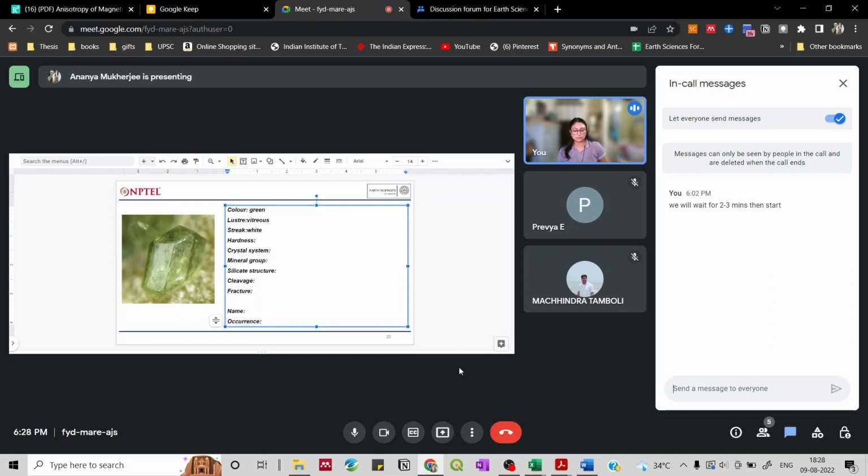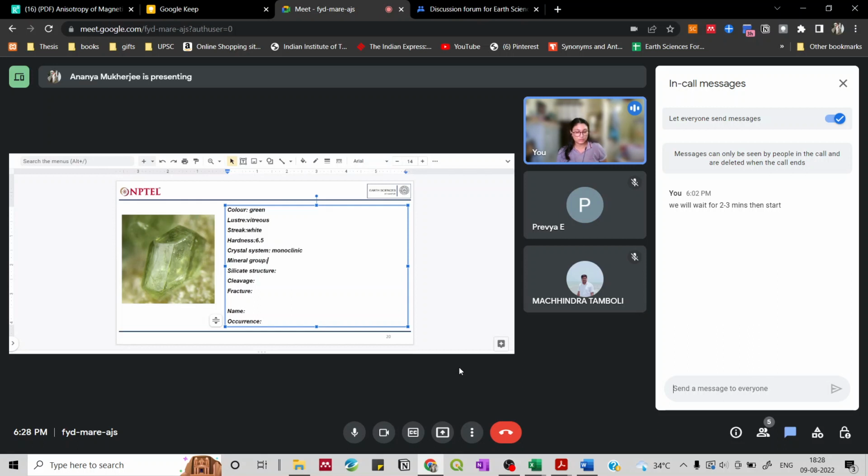Hardness is around 6.5. Then the crystal system, this is again another monoclinic mineral. Okay, so again you can see one of the axes will appear as if it's tilted.